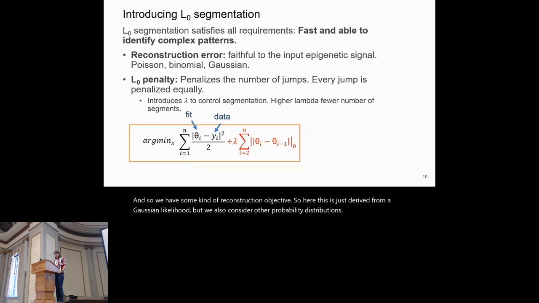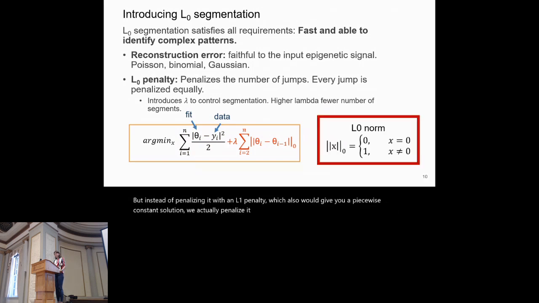Then we have a penalty term, similar to the fused lasso. We penalize the difference between two adjacent approximations, but instead of an L1 penalty, which would also give a piecewise constant solution, we penalize with an L0 penalty. Effectively it counts the number of jumps your approximation makes, and it doesn't care at all about the magnitude of these jumps. This makes the problem non-convex, but thankfully you can still solve it quickly, and it makes a lot of difference that this is L0.